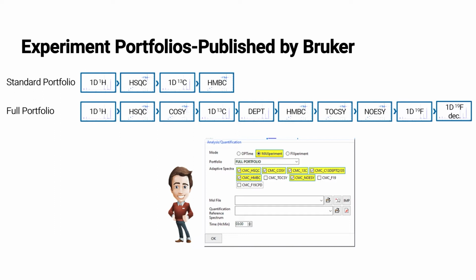So if we want to skip the TOCSY and the 19F experiment, one can deselect them, which means we're performing the full portfolio without the 3 experiments. And this is possible basically for all the experiments except the proton experiment, the one up front. So that is a way to have some adaptations possible to a fixed portfolio by shrinking it.